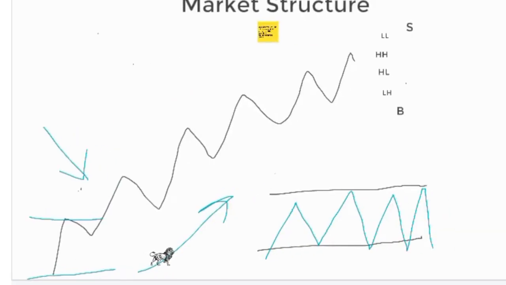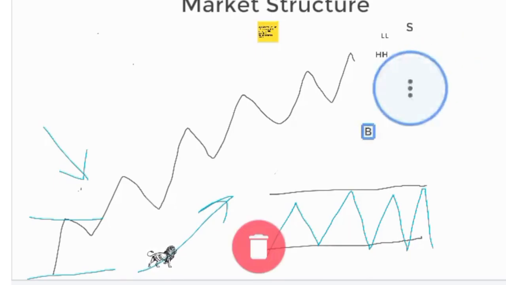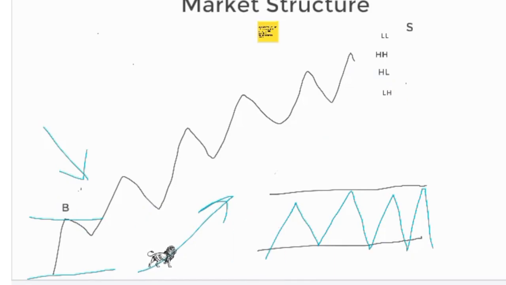It breaks this structure. All right. So the market breaks this structure, and this breaking of market structure is also known as BOS. So I'm going to use the letter B to indicate breaking market structure.